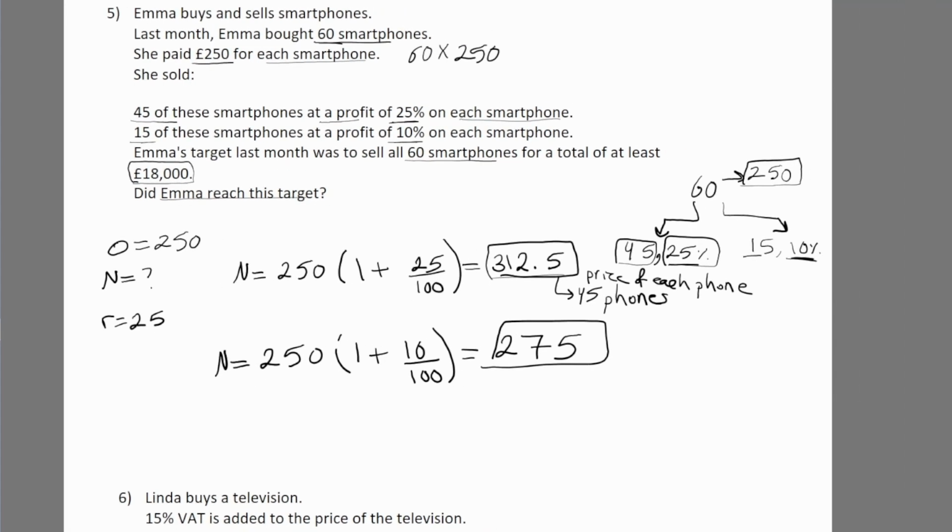So let's see how much money she made in total. 45 phones, each was sold at 312.5 pounds, plus 15 phones, each sold at 275. And you can just plug all of this into your calculator.